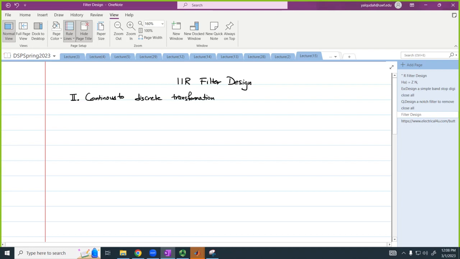What does that mean? So what we're going to be doing is designing a continuous filter, and then we're going to transform it to a discrete filter. Straightforward?